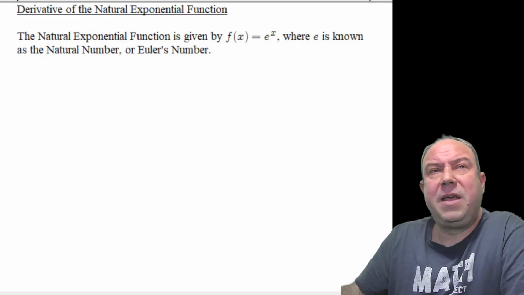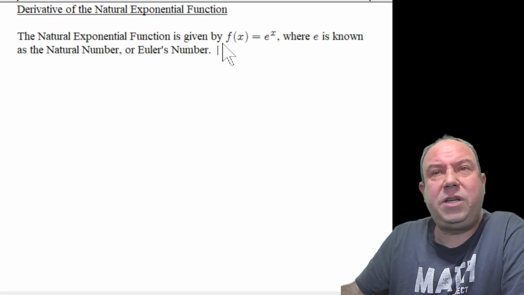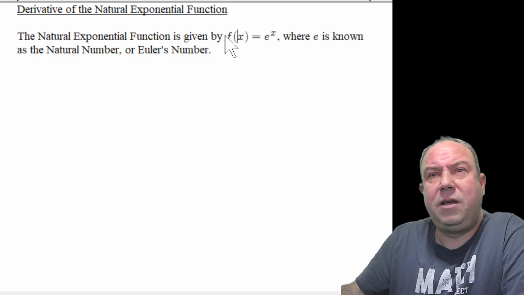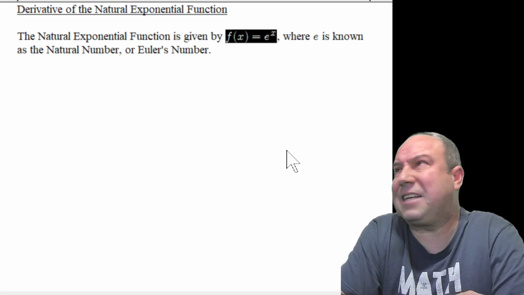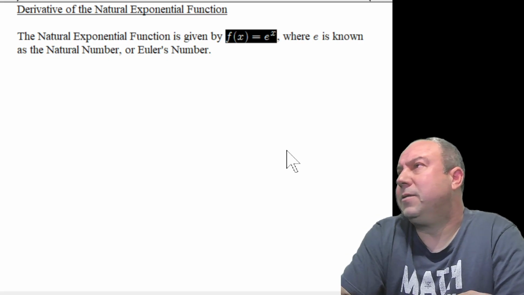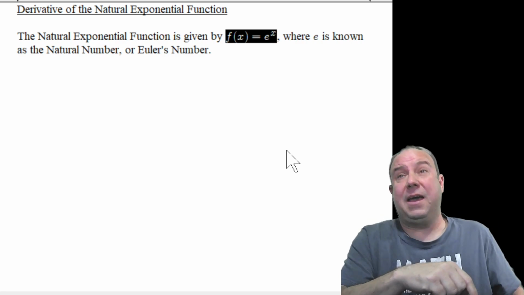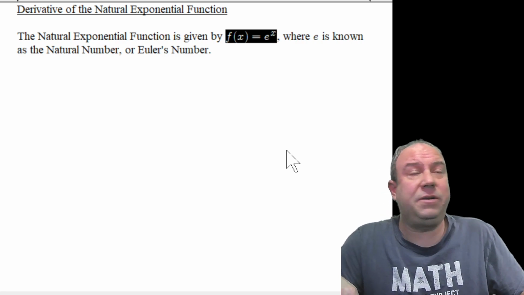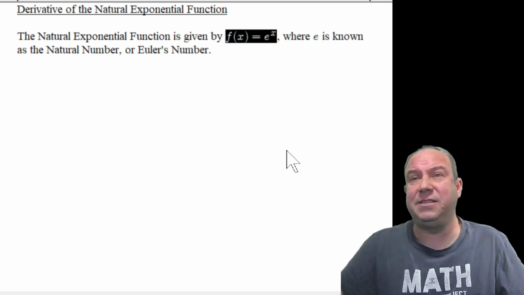All right. We're going to talk about the derivative of the natural exponential function, folks, where if we take note or recall, the natural exponential function is the function f of x equals e to the x. It is the function described by the exponential function, right? A function whose base is a real number.